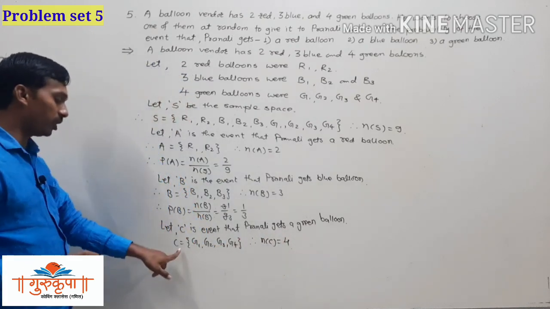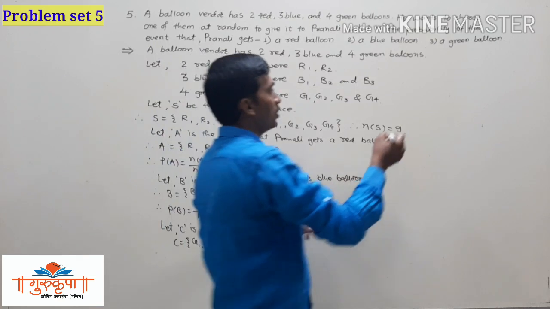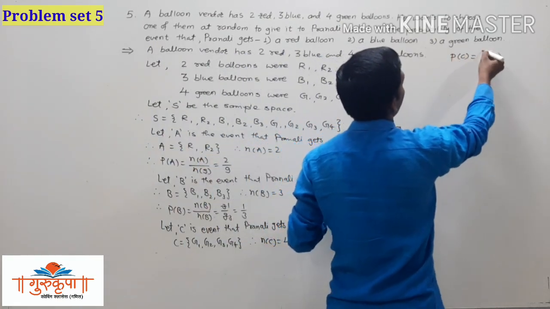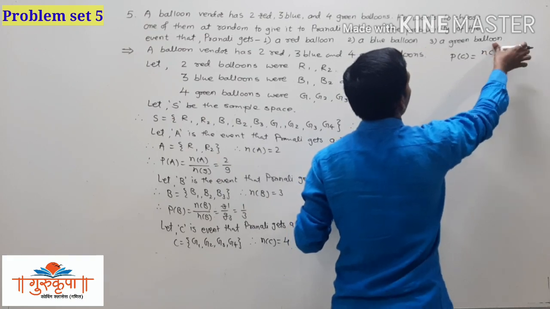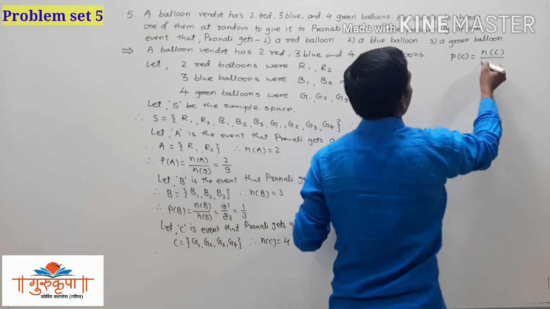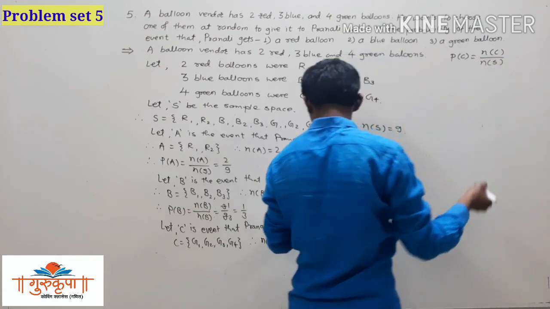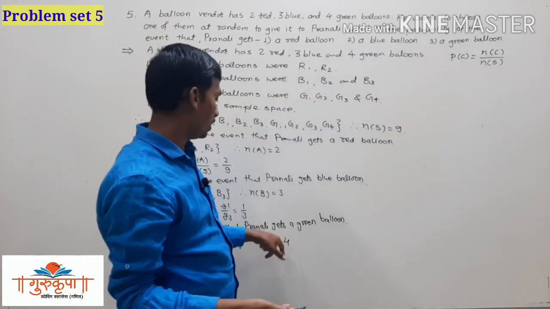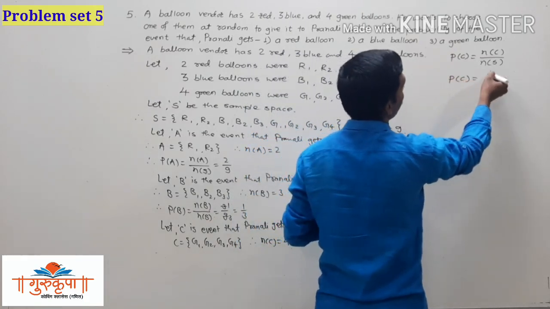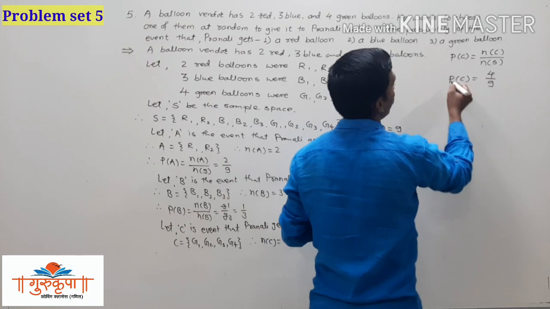Now we have to find the probability of the event C. So the probability of the event C is equal to number of C upon number of S. Now number of C is 4 upon number of S is 9. So the probability of C is equal to 4 upon 9.